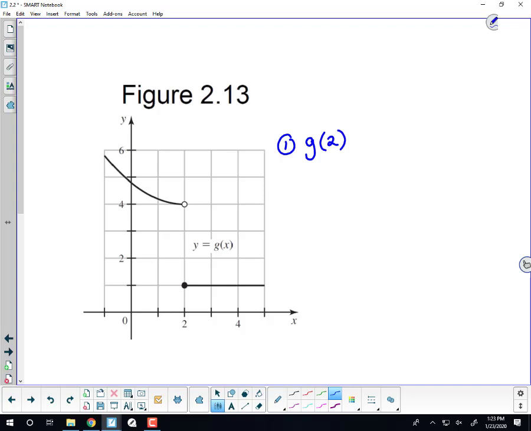So the function at an x value of 2. 1. So the function is defined here, isn't it? And that's a y value of 1. It's not defined on this piece, but remember these individual pieces make up the entire function. So just because one piece isn't defined at that x value doesn't mean the entire function is not defined there. So it actually is defined as 1.